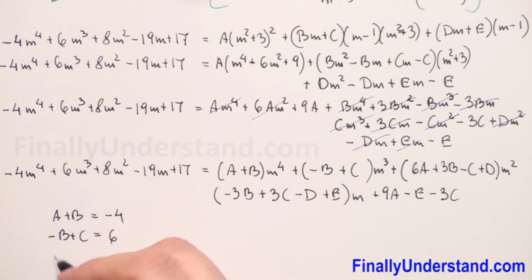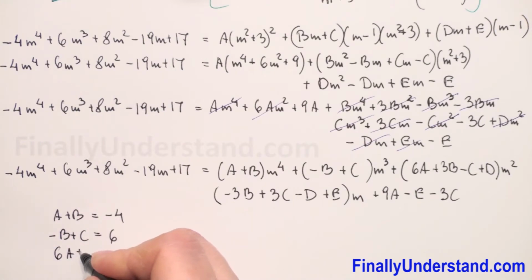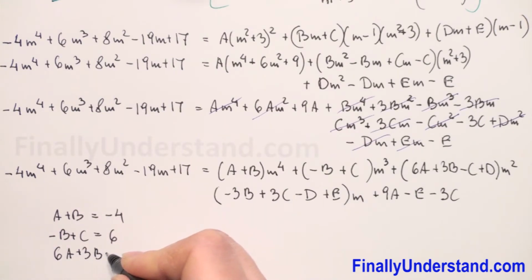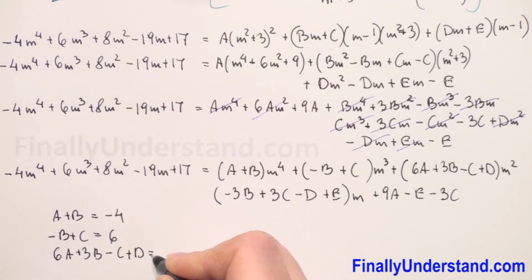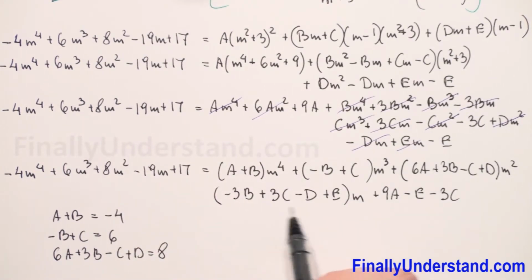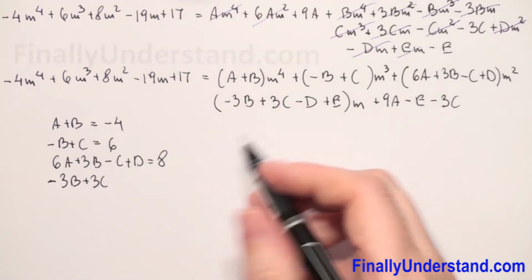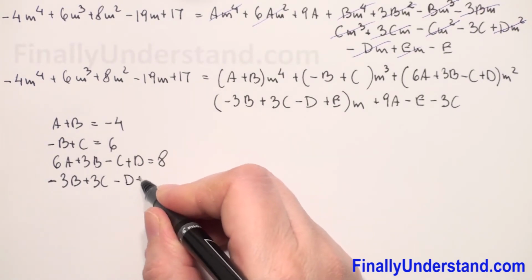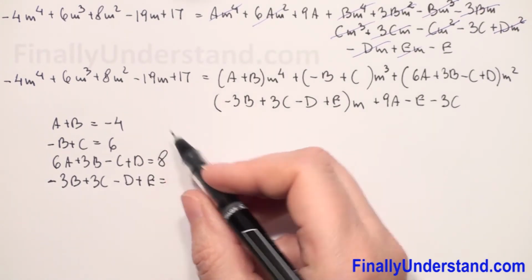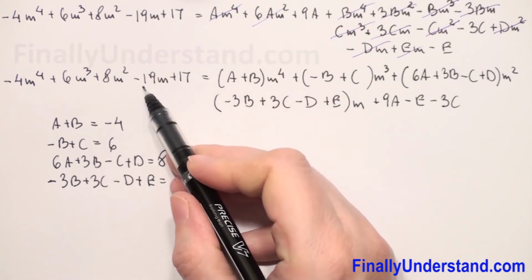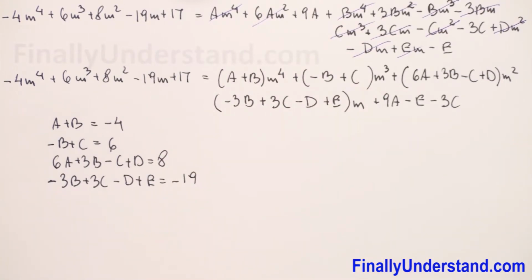And next n squared, so we have 6a plus 3b minus c plus d is equal to 8. And next we have negative 3b plus 3c minus d plus e is equal to negative 19, the coefficient before n on the left side.